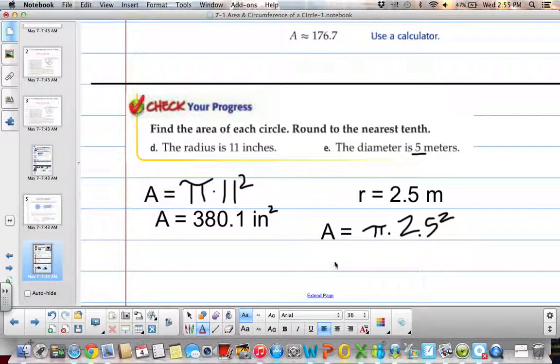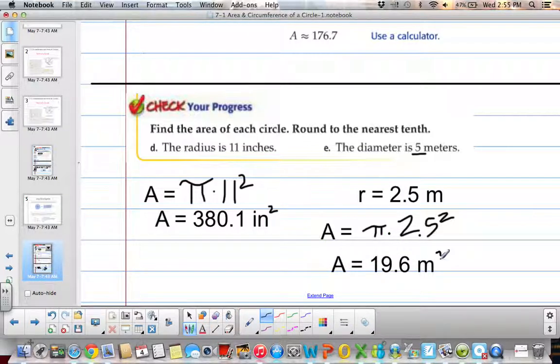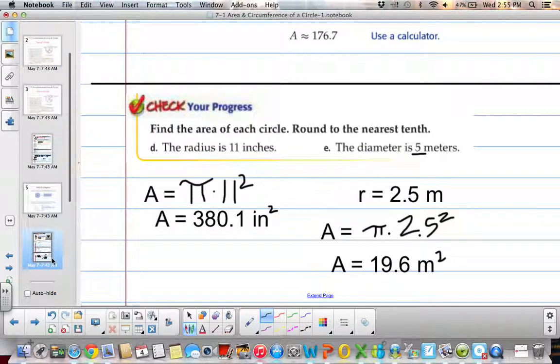So then I can put it in my calculator and I get A equals 19.6 meters, and then we have to make sure that it's squared, so square meters. Okay, that is all for that.